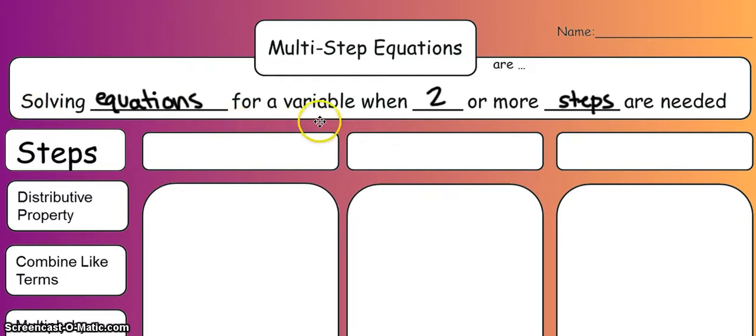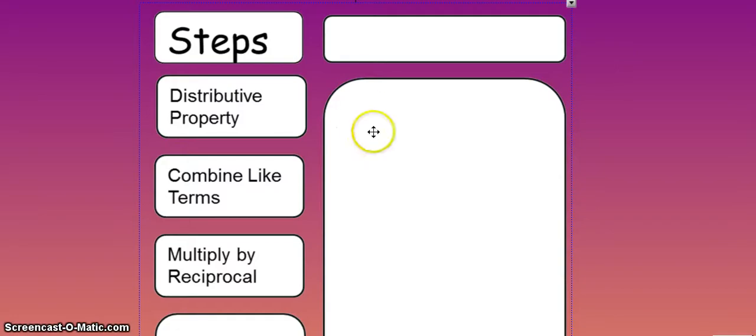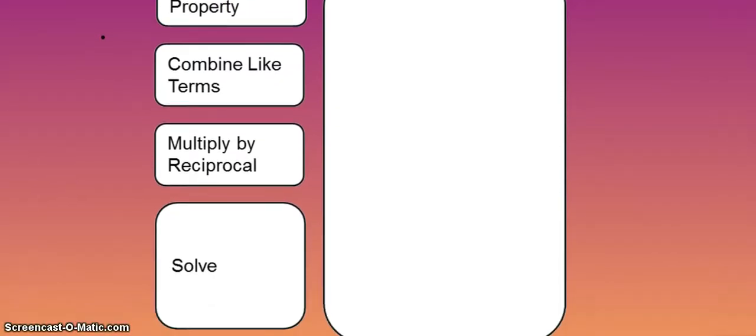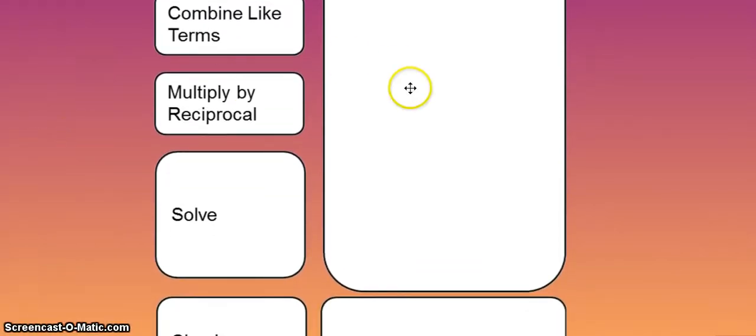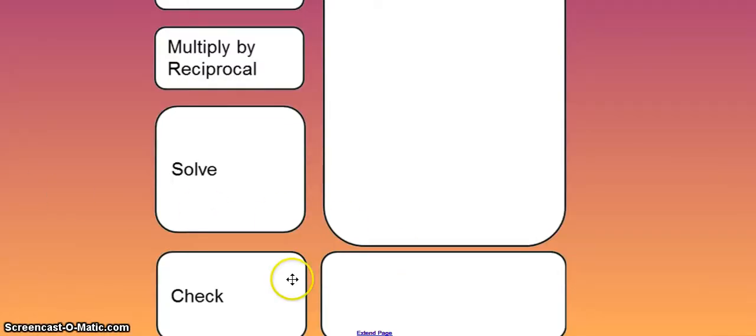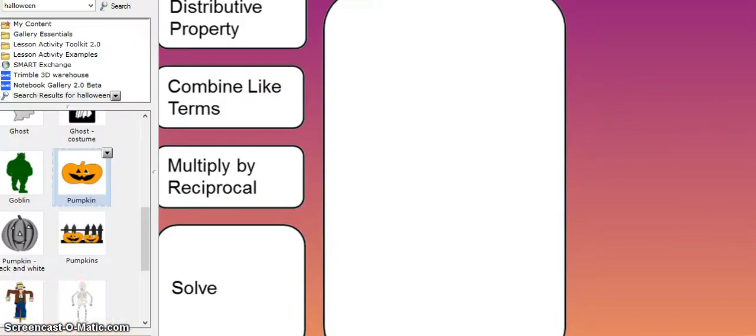Alright, we're going to go to that first side where you have steps. So things we're looking for are distributive property, combining like terms, multiply by reciprocal. Those kinds of things we'll need to do, and then we can solve, and of course check at the very end.